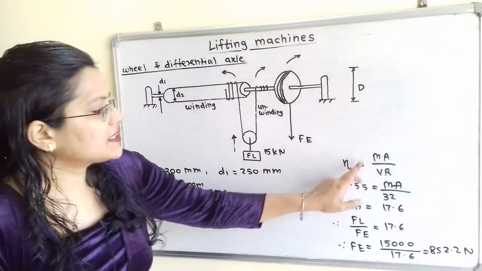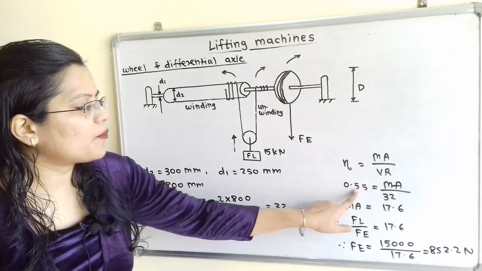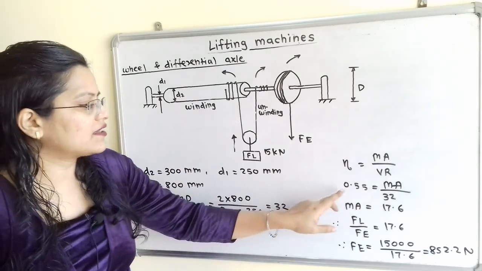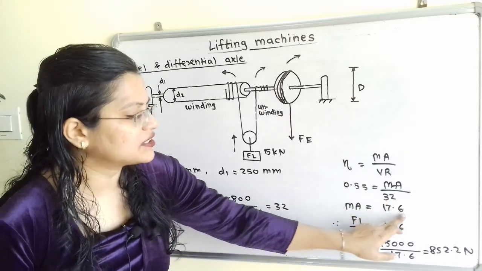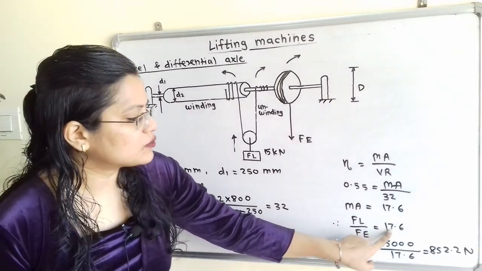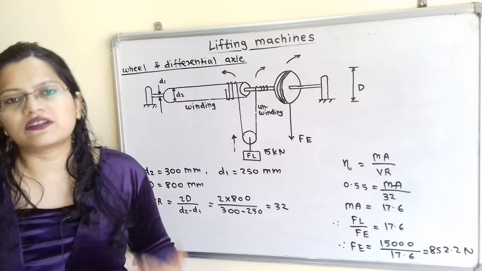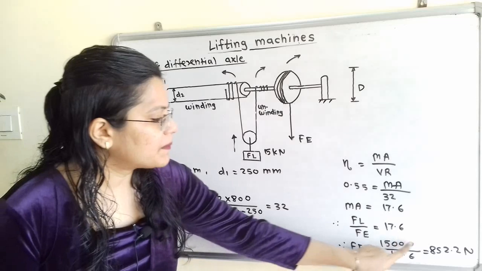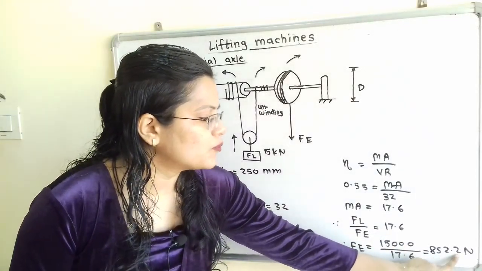So efficiency is equal to mechanical advantage by VR. So 0.55, because 55% means 55 by 100, that is 0.55, is equal to MA by 32, where the mechanical advantage is equal to 17.6. So FL by FE is equal to 17.6. Now this load is given in kilonewtons, so we will convert it into newtons. So effort FE is equal to 15,000 divided by 17.6, which is equal to 852.2 newtons.